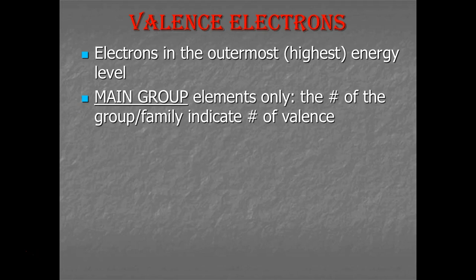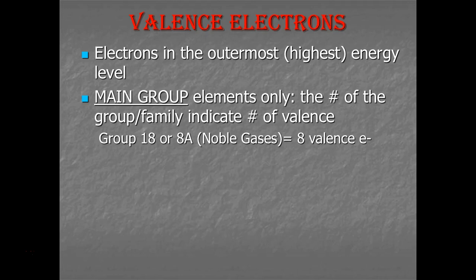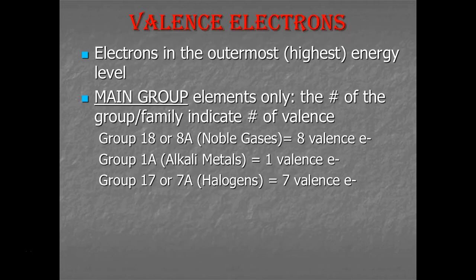For the purposes of this class, when we talk about valence electrons, we'll only be talking about the main group, which remember is the S block and the P block. Sometimes it's called the A group, columns 1A and 2A, and then 3A, 4A, 5A, 6A, 7A, and 8A. They follow this pattern: if it's in the 8th column, it has 8 valence electrons. The 1st column has 1 valence electron. The 7th column has 7.